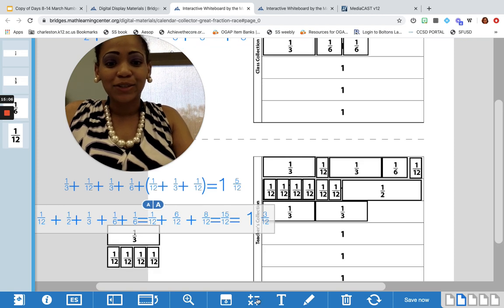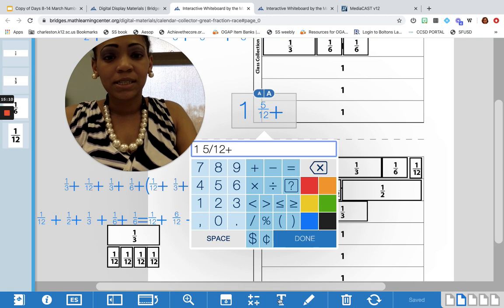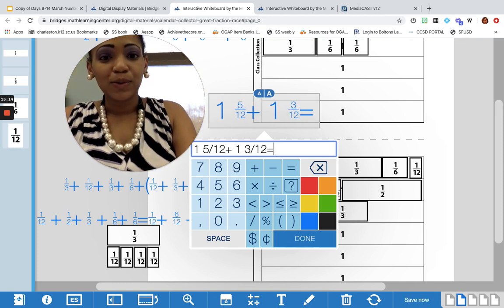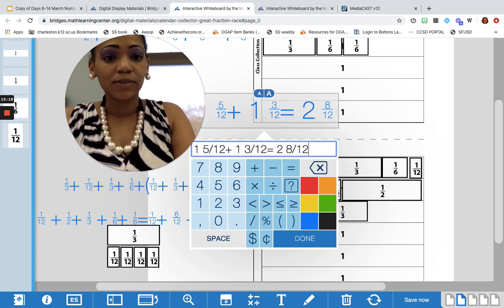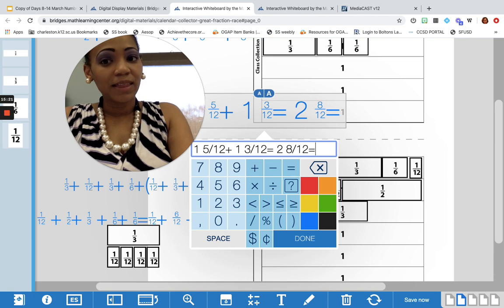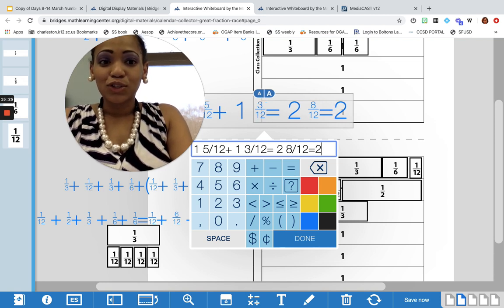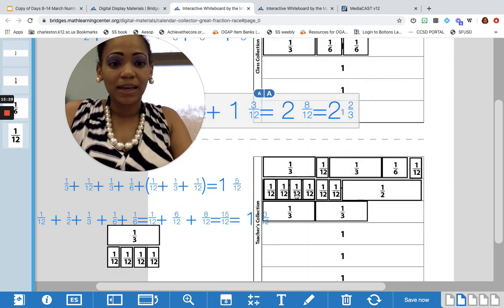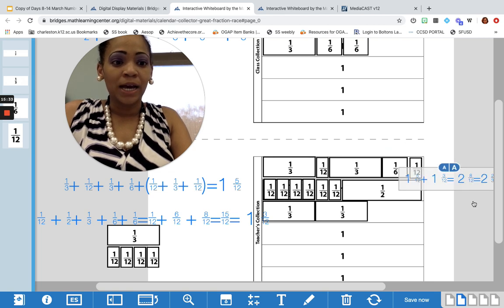So I have a total of 1 5/12 plus, I just said 1 3/12, which gives me 2 8/12, which is the same thing as 2 2/3. And you can see that easily by looking at my picture here. Okay, so we're even for now.